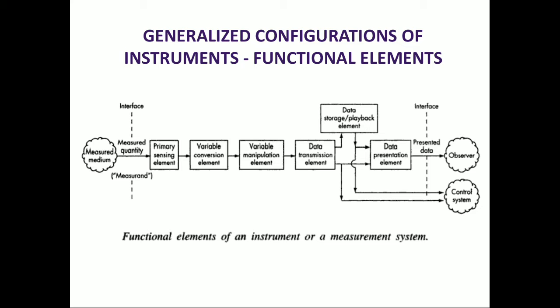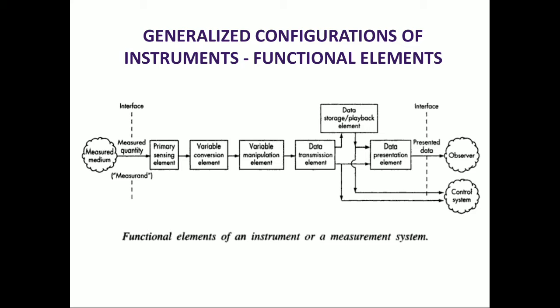The first element in the instrument is the primary sensing element. The role of the primary sensing element is to convert the physical quantity to some electrical or mechanical signals, which can be measured in the subsequent stages.